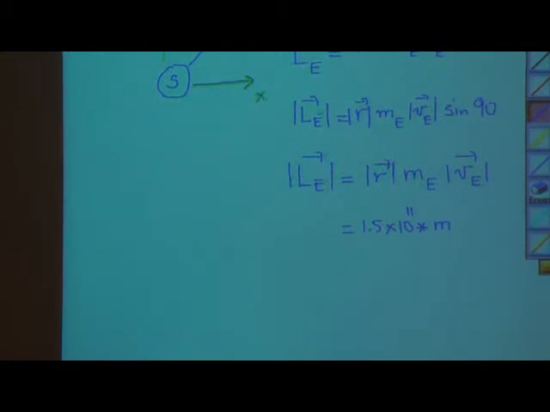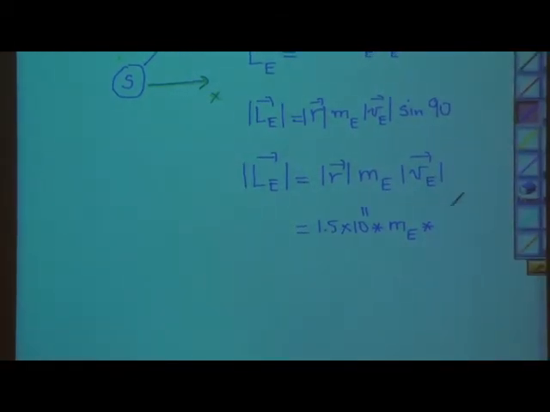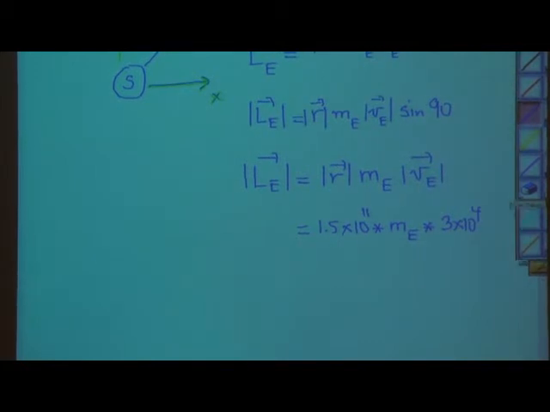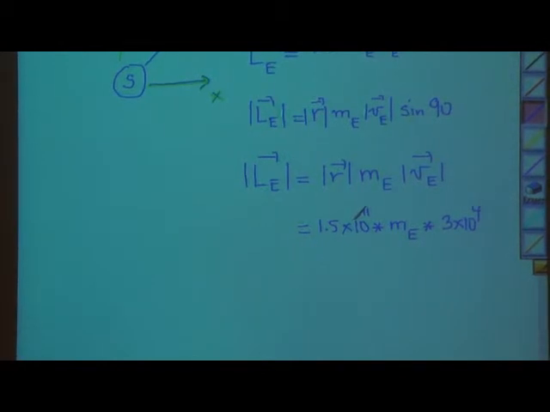I don't remember the mass of Earth, and the speed of Earth around the Sun is about 30 kilometers per second, which is 3 times 10 to the 4 meters per second, and you will find the answer in units of meters, kilogram, meters per second. So it will make it meter squared kilogram per second.